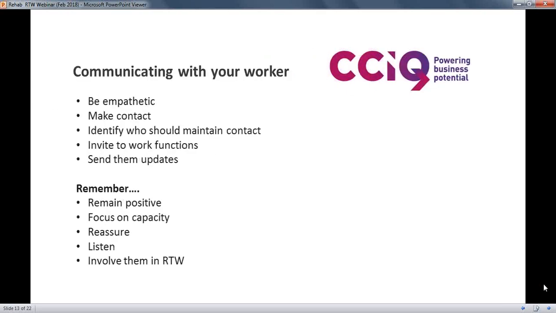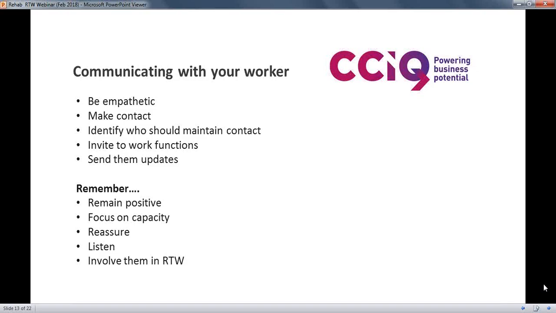In terms of communicating with your worker, as we've said before, it's really important to take into consideration all those key points. And the whole return to work process may not be as simple as a 6-week program of return to pre-injury role.